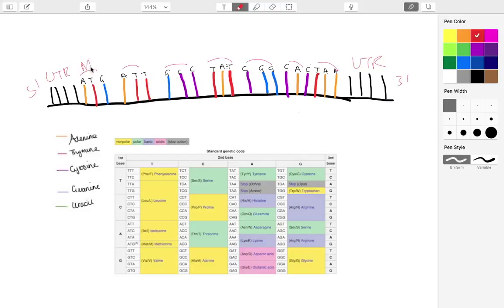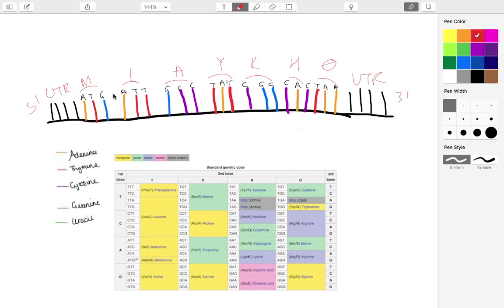That's an M, an I, an A, TAT is a tyrosine, which is a Y. Then you've got arginine, histidine, and then that's a stop codon there. TAA is a stop codon. So we've translated that into our amino acids.